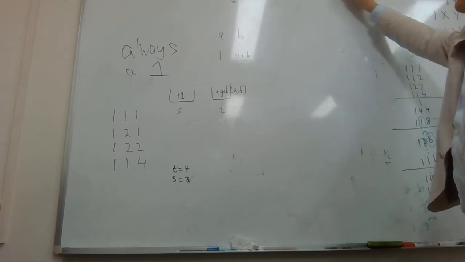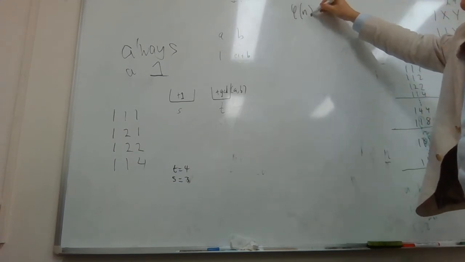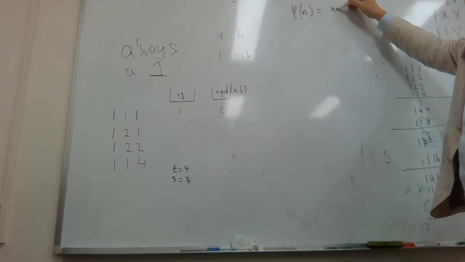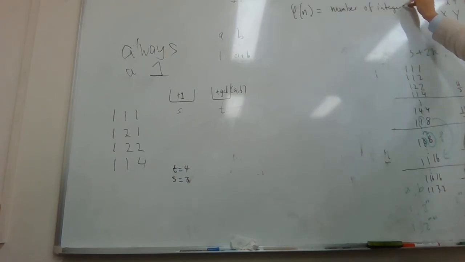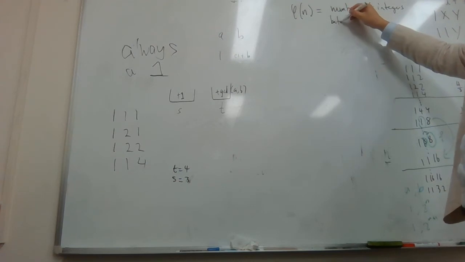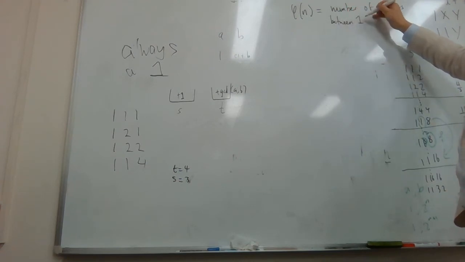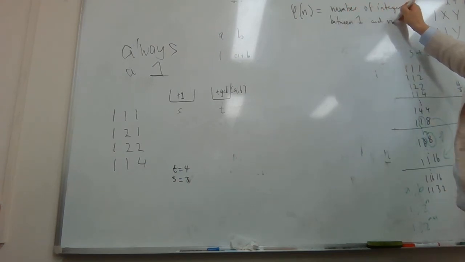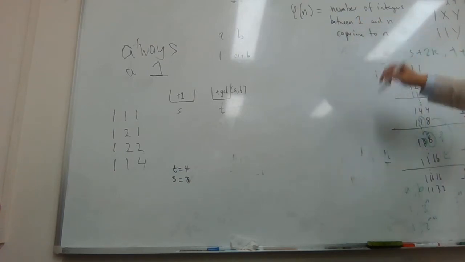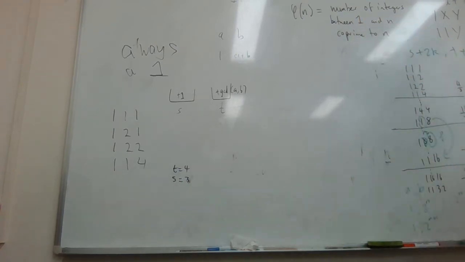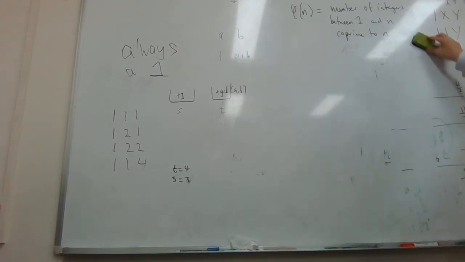Okay, so define phi of n to be the number of integers between 1 and n co-prime to n, yeah? Make sense?